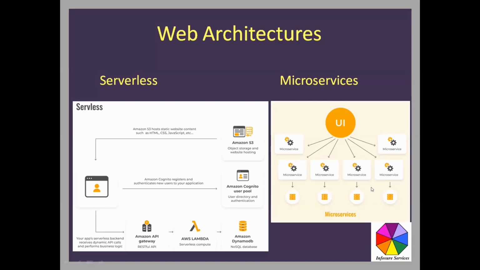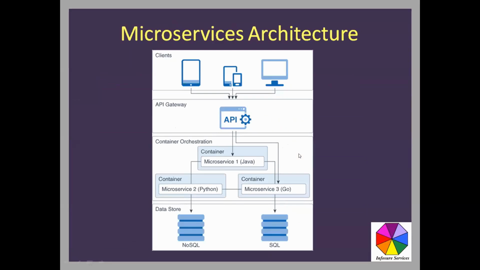So different services with a user interface connected to all these services. Okay, this is a microservices architecture. These were popularized by Amazon. Microservices architecture, this is the schematic here.